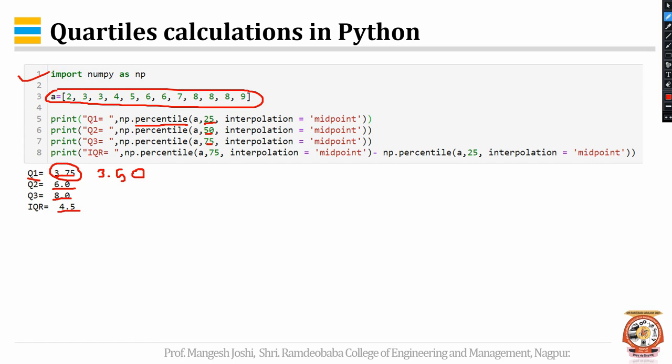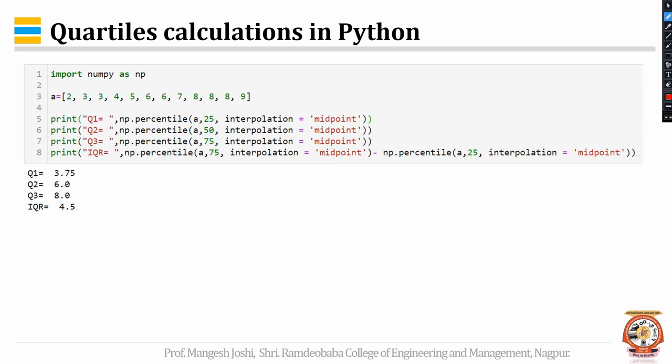Let us see it manually also. There are how many values? 1, 2, 3, 4, 5, 6, 7, 8, 9, 10, 11, 12, right? So the middle values are 6 and 6, which is the median. So the median is quartile 2, which is 6. This value is correct. Now you have this data set, that is 3, 2, 3, 3, 4, 5, 6.